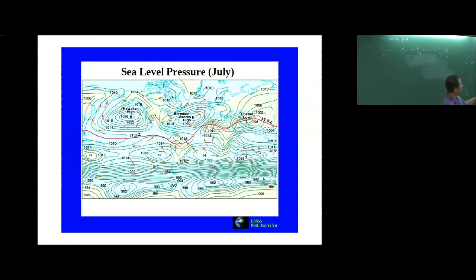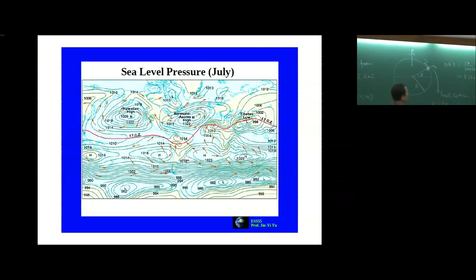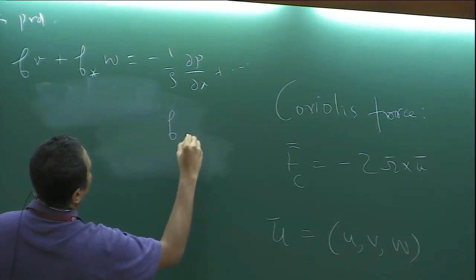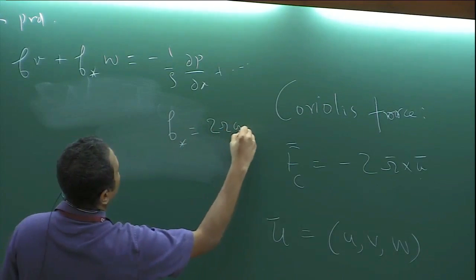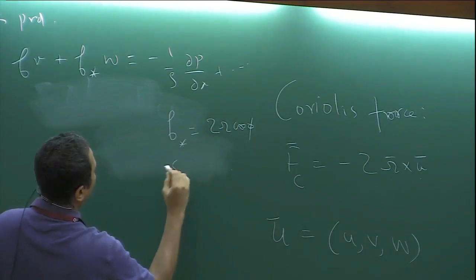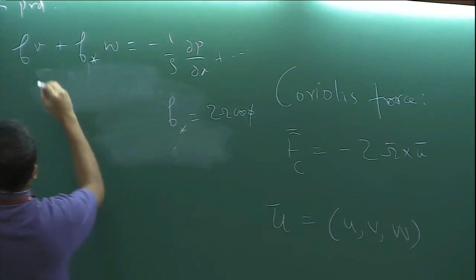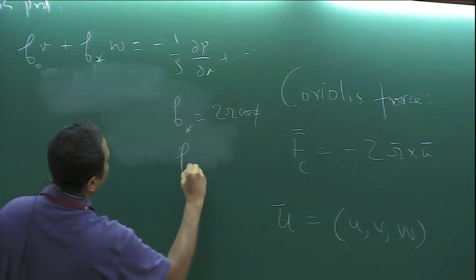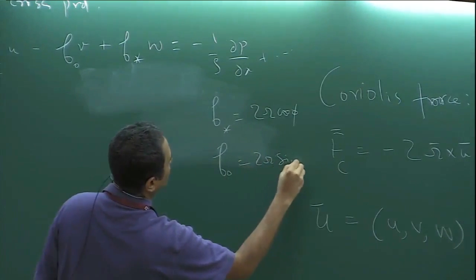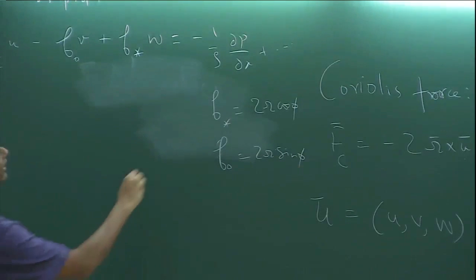You can just check this. Just do 2 omega cross U, substitute omega equal to this, where my f star is 2 omega cos phi, and let me call f naught equal to 2 omega sine phi, right? This is what you will get.